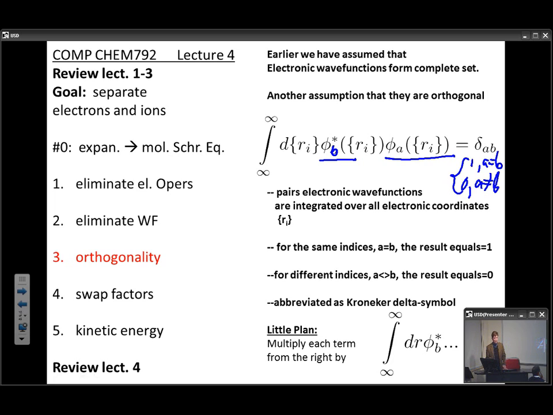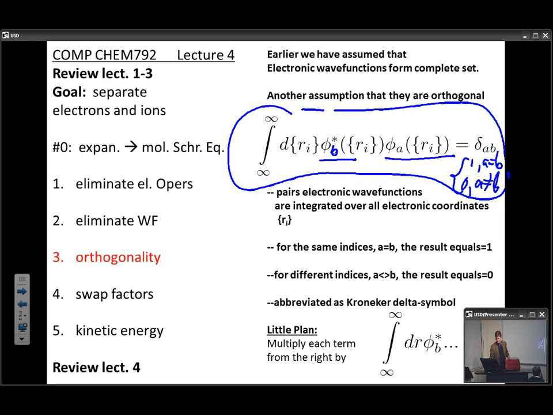And if we use this property of orthogonality, then we can do something really simple and helpful. We just take the left part of this expression, the integration and wave function conjugate, and multiply it to each term of our molecular Schrödinger equation.